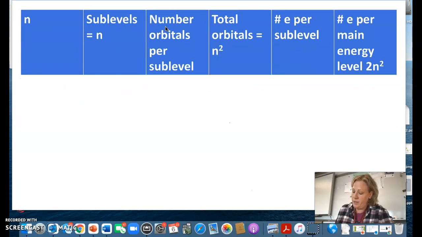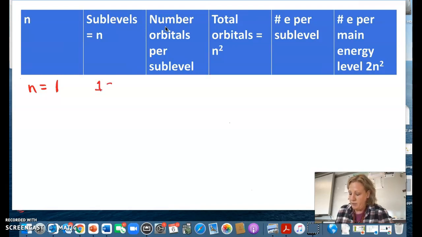So this is just looking at a lot of different things. We'll do it for n equals 1 through 4. So if we're talking about the first main energy level, whatever the energy level is, that's how many sublevels we have.